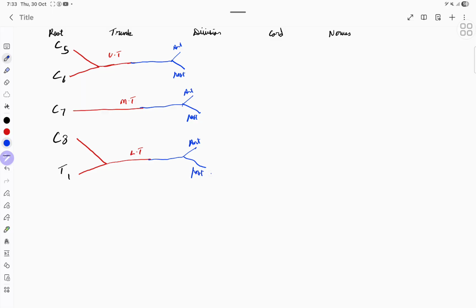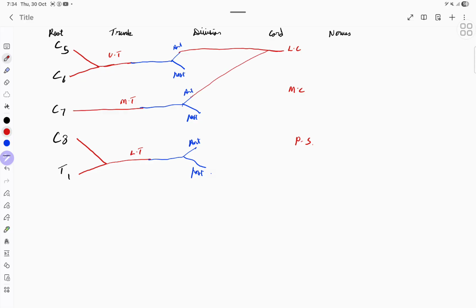Then we come to the cords. In cords we have the lateral cord, medial cord, then posterior cord. The lateral cord is formed by the upper trunk anterior division and middle trunk anterior division.